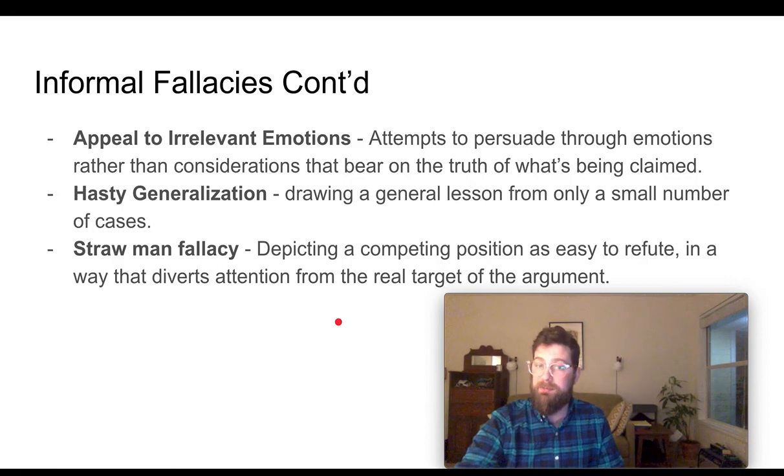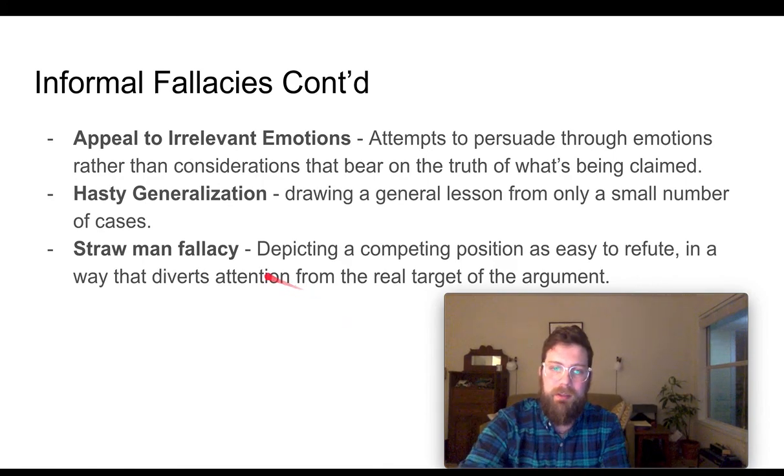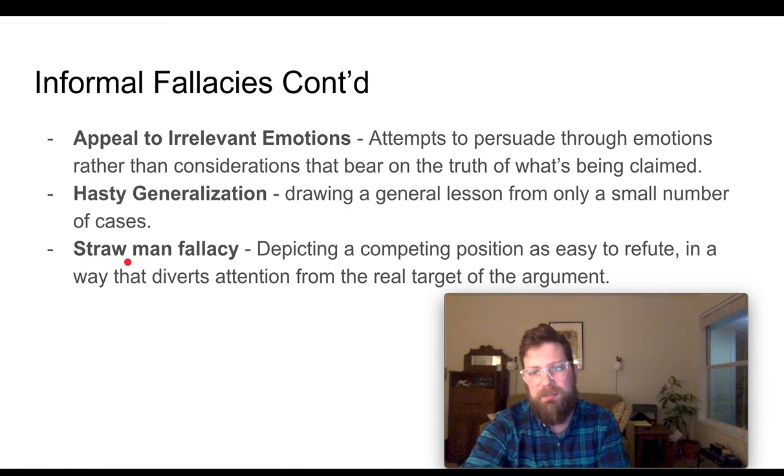So in this case, we always just want to make sure that even when we're arguing against a view that we don't like, we should not develop a straw person version of that argument, because that won't be very interesting.